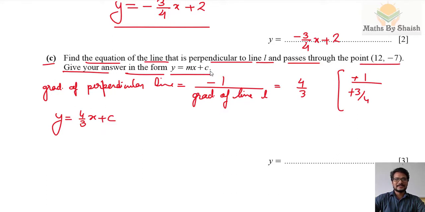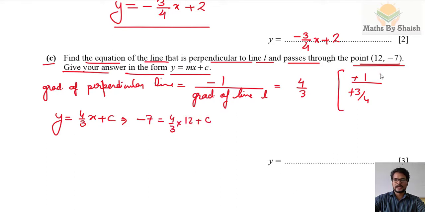Now all we need is this c value. It is given that the line passes through this point, so this point has to satisfy the equation. So x is 12 and y is minus 7, so minus 7 equals 4 over 3 times 12 plus c.